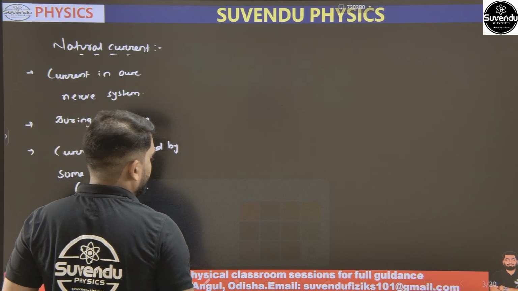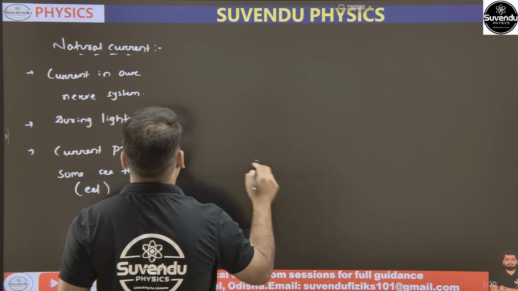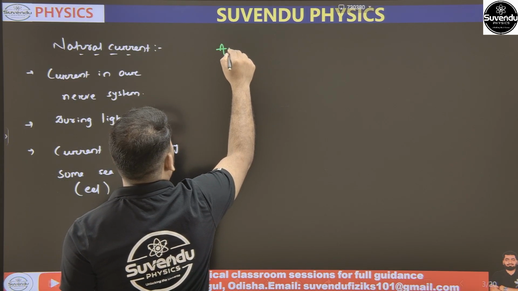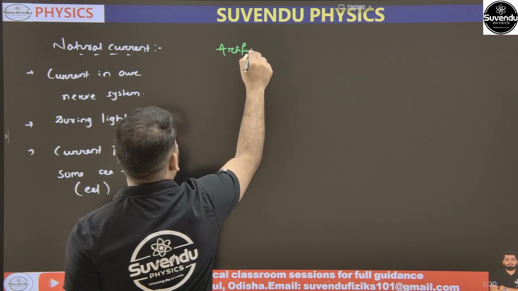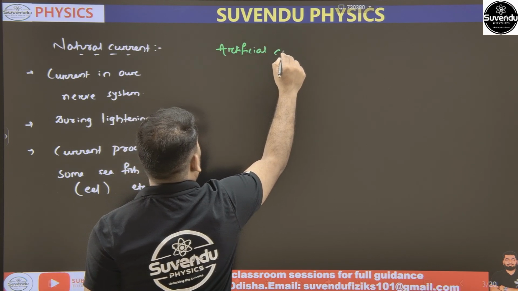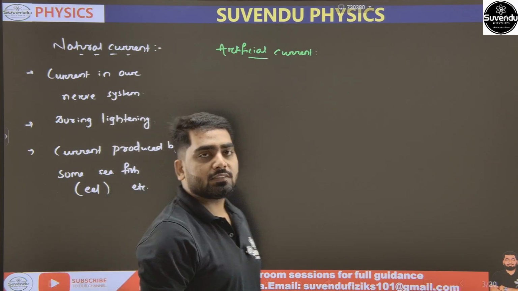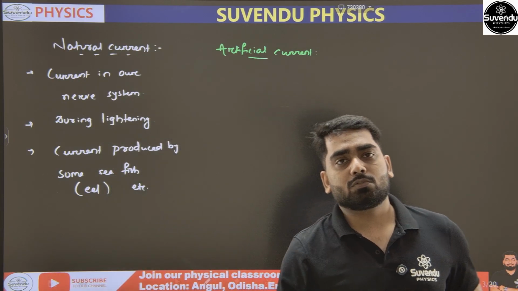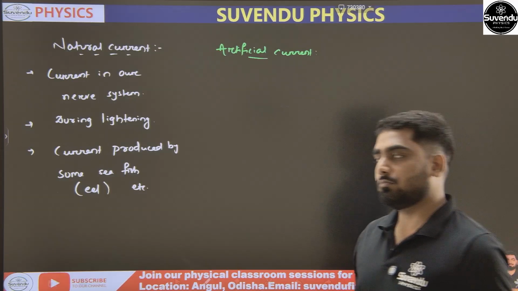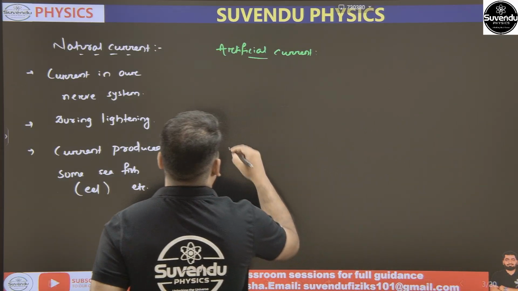And what is the meaning of artificial current? Listen, you can think about the example of current produced by a generator; that is also artificial current.